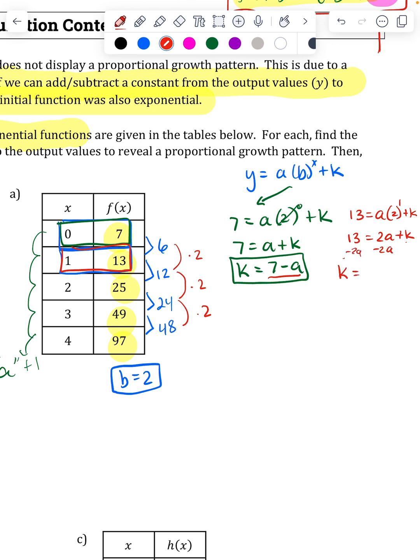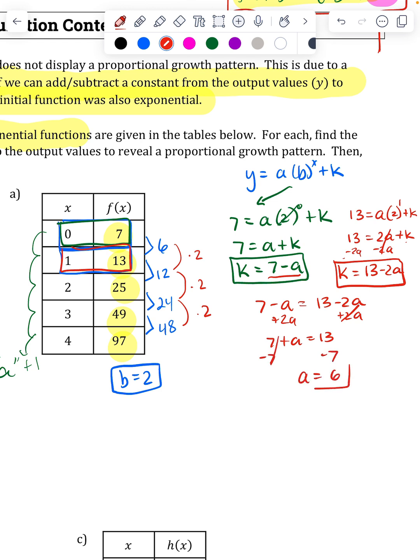So if k equals 13 minus 2a and k equals 7 minus a, then 7 minus a has to be equal to 13 minus 2a, and we can start solving from here. So if I add the 2a over here, I'll have 7 plus a is 13. And if I take away the 7, I will find out that my a value is 6.